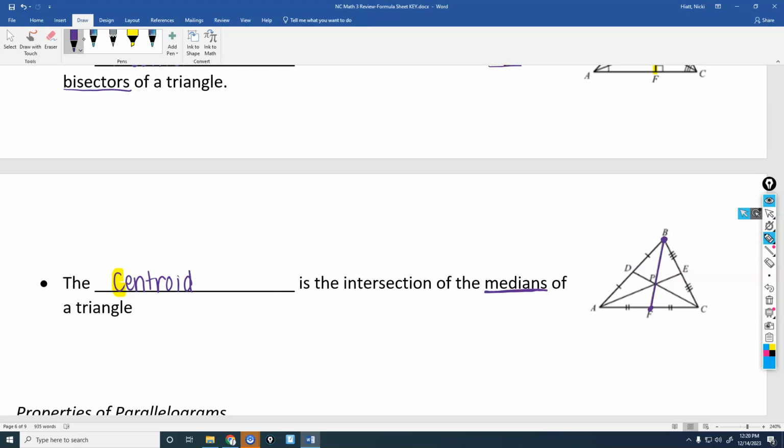The special property of the medians here is that if I know this little piece right here equals 5, what would be the length of BP here? 10. So the medians are cut in a way that the short piece is half of the long piece.